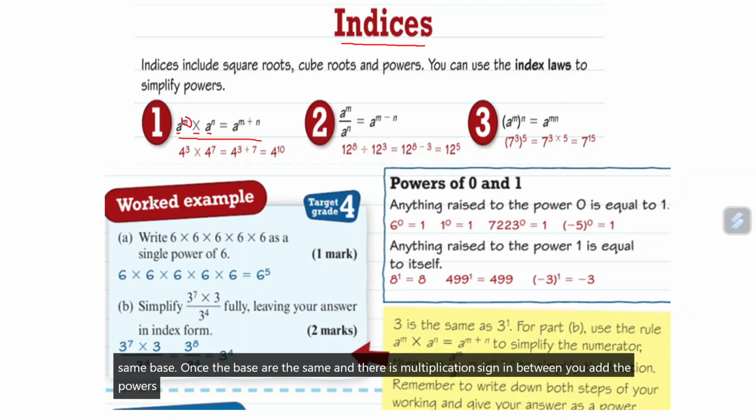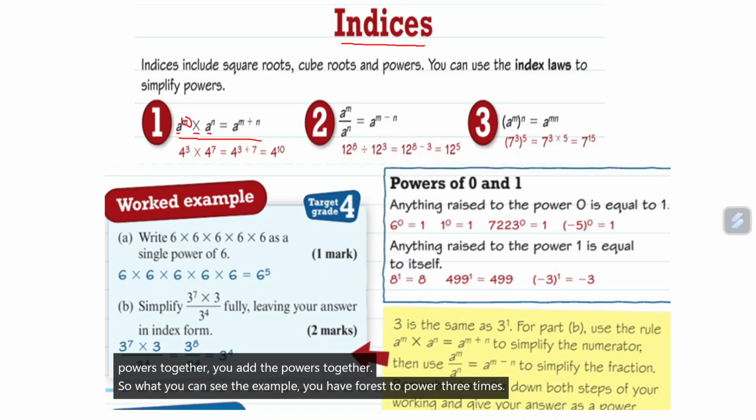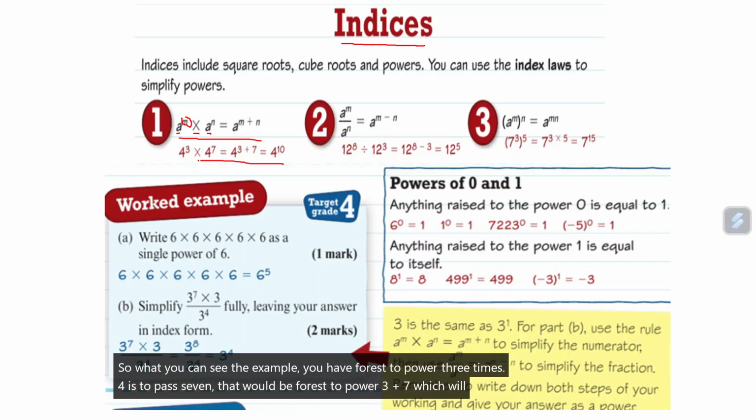You add the powers together. So you can see the example here, 4 raised to power 3 times 4 raised to power 7. That will be 4 raised to power 3 plus 7, which will give us 4 raised to power 10.